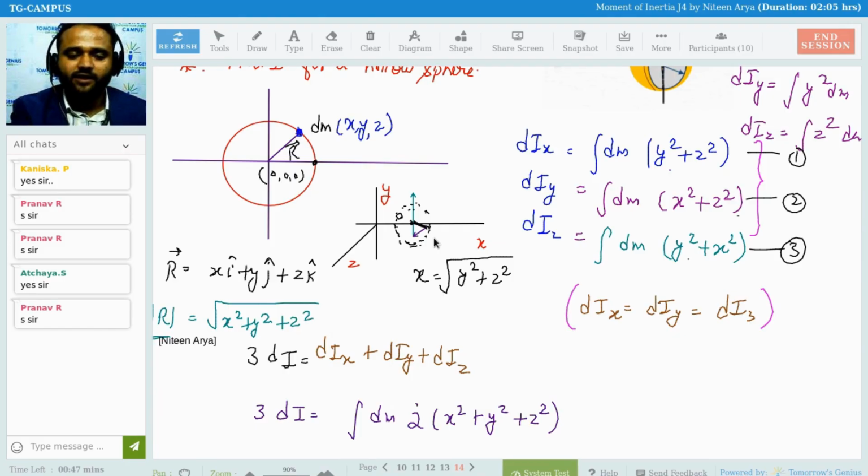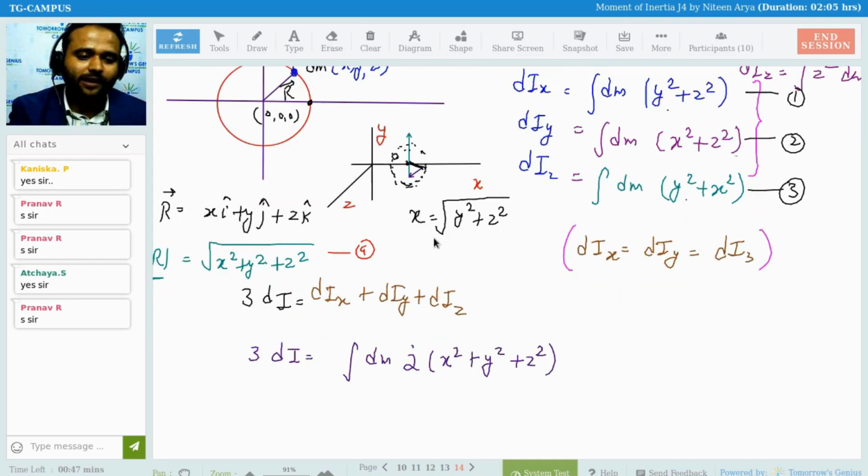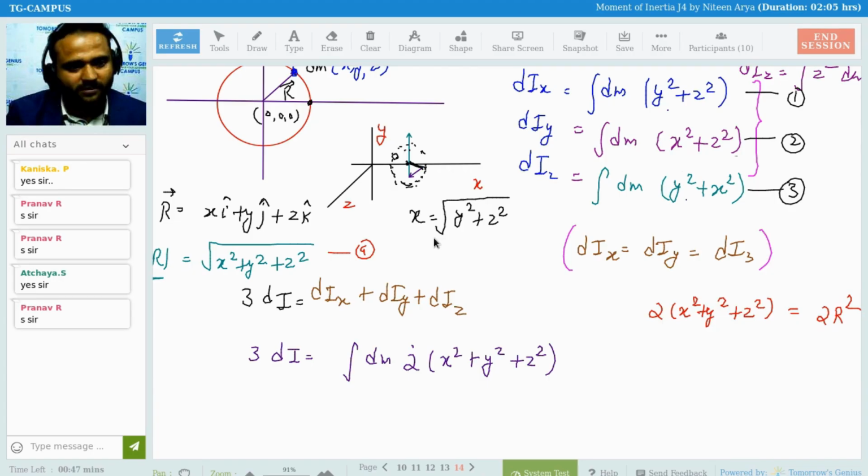If I square both sides of this new equation A, I get this, isn't it? The right hand side, 2 times x square plus y square plus z square, is nothing but 2r square, magnitude wise. Clear?